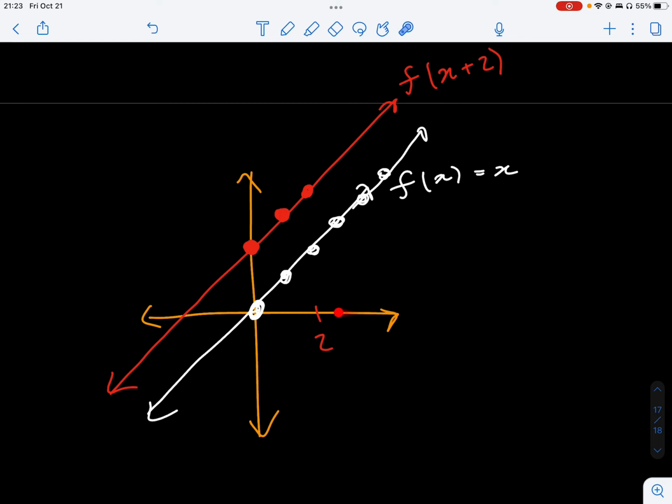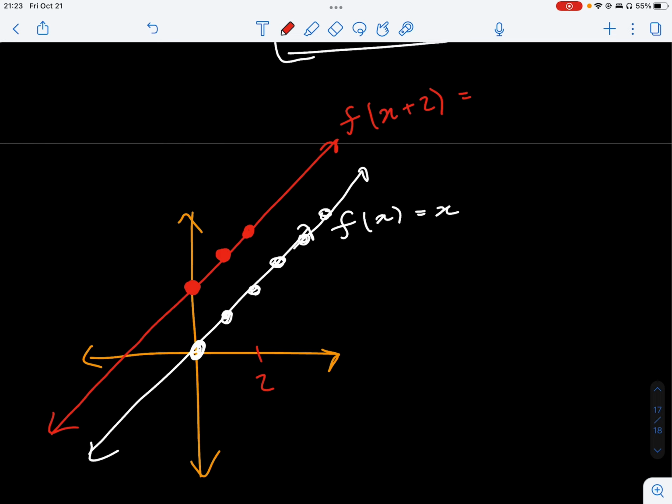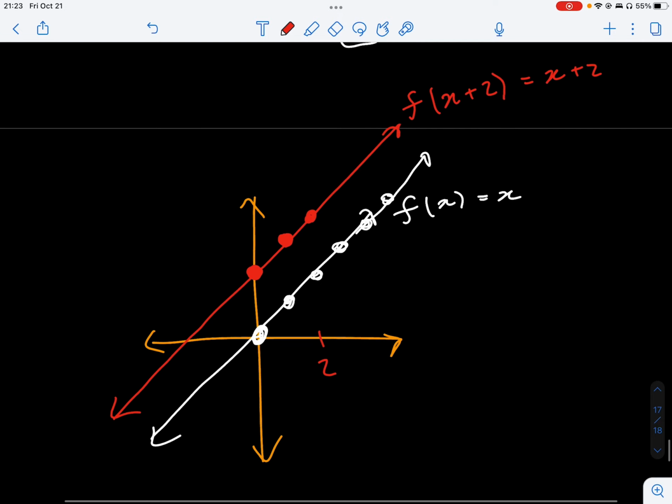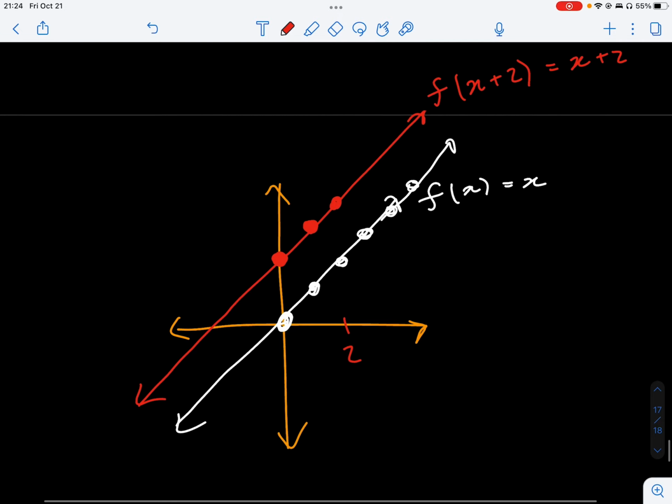takes these x values, and I'll go ahead and put equals x plus 2 in this case, where the input and output are the same. It takes these x values, and if you plug them in, the extra plus 2 right here makes the output act as though it's the output from the original graph.